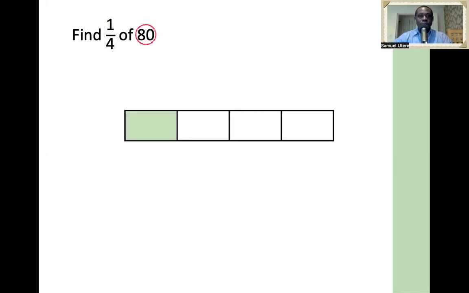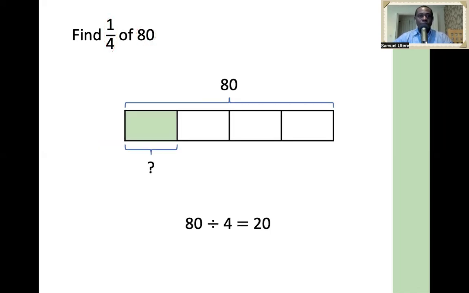Let's apply it to another one, 1/4 of 80. This means we need to split 80 into 4 equal parts, and then we just need one part of that, which gives us 20.